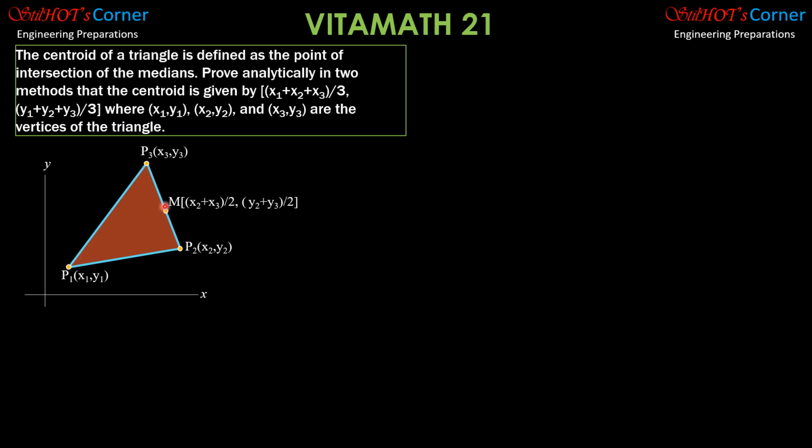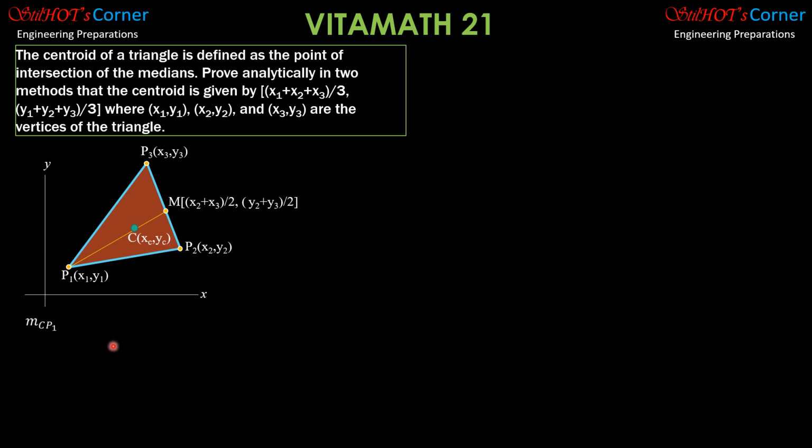So this is the median, the line segment joining P1 and M, and the centroid is here, although it is the point of intersection of the medians, but these 3 points lie on a straight line. So the slope of P1 to C is also the slope of the line joining C and M. So the centroid is at (xc, yc).